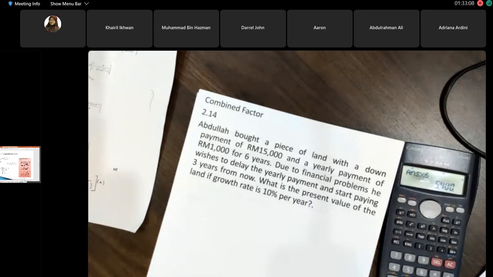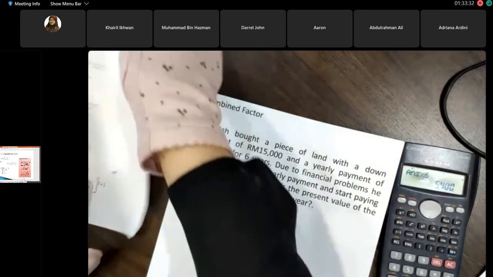So the formula, okay, P, this is if you convert to P, let's say A is given. So the formula is P/A, i, n lah. So P/A, this is the formula lah kan.